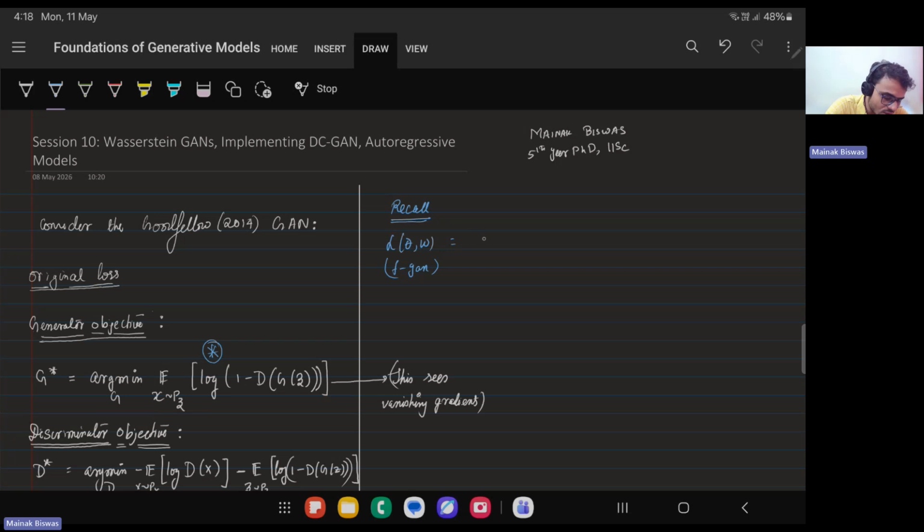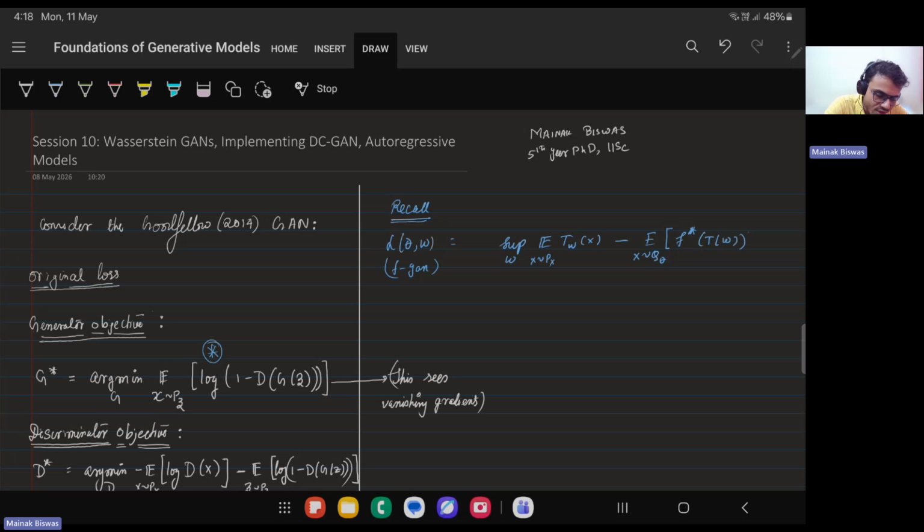But for F-GAN, this was equal to the supremum over W of the expected value of T_W of X, X being sampled from the data distribution, minus the expectation over X sampled from the noise, the generated distribution, of f star of T_W of X.